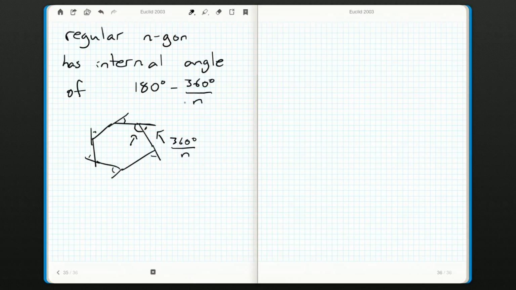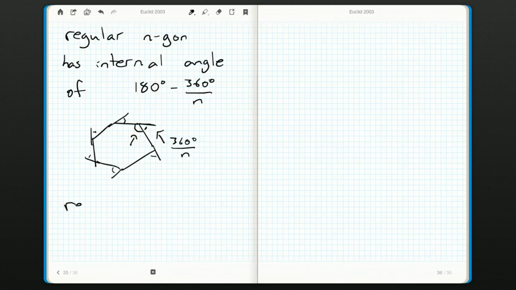If it were 3, we'd have 180 minus 360 over 3. That'd be 120. 180 minus 120 is 60. And the internal angle of a regular equilateral triangle is 60. If we had 4, we'd have 360 over 4, that's 90. 180 minus 90, that'd be 90. So this does work.